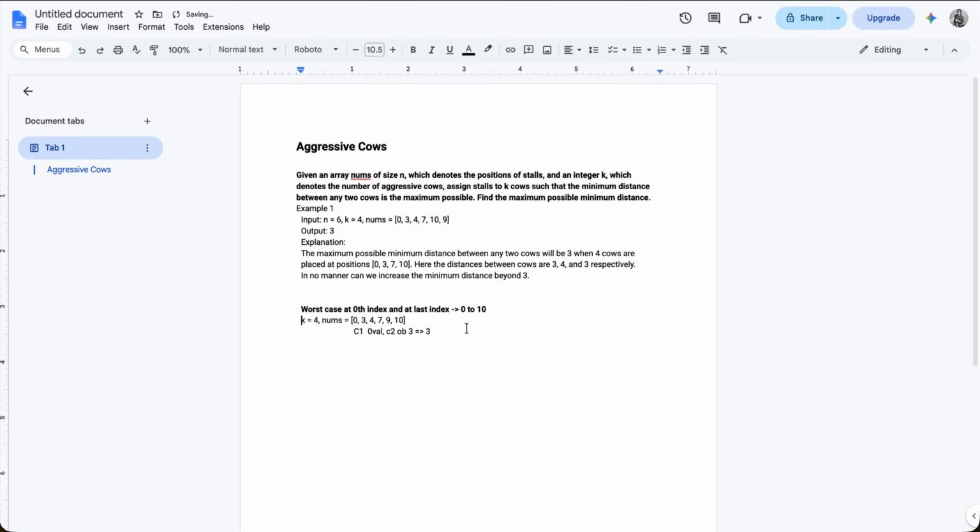So yes, this is our range. Right now we are finding for one distance.